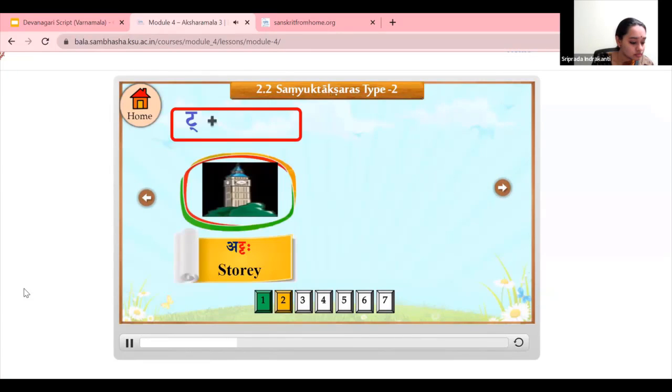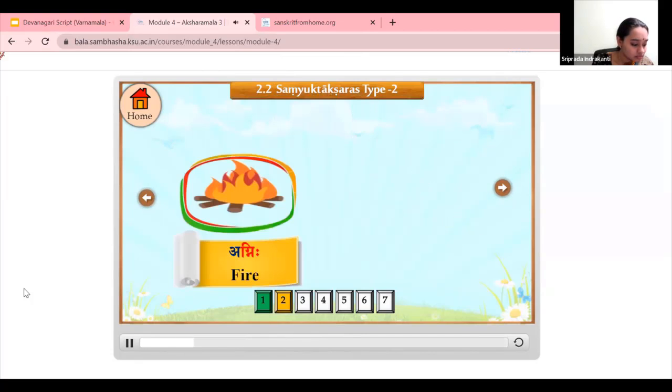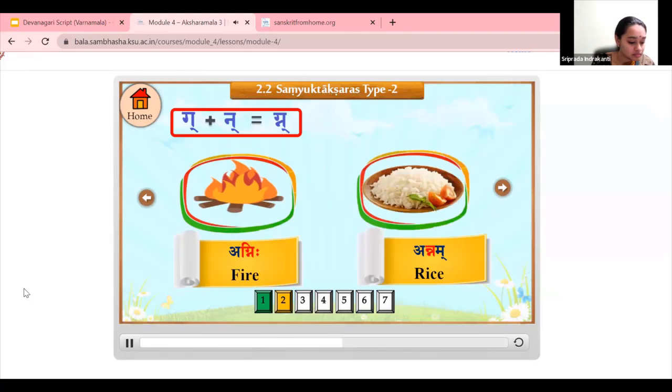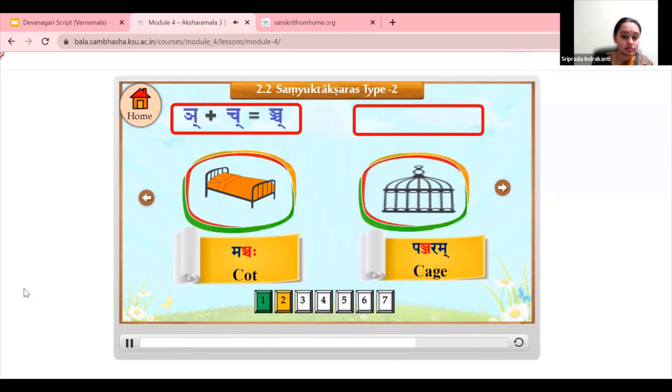T plus T. T. Khadgaha. T plus G. G. Agni. G plus N. Gn. Plus N. N. Manchaha. N plus Ch. Nch. Panjaram. N plus J. Unj.